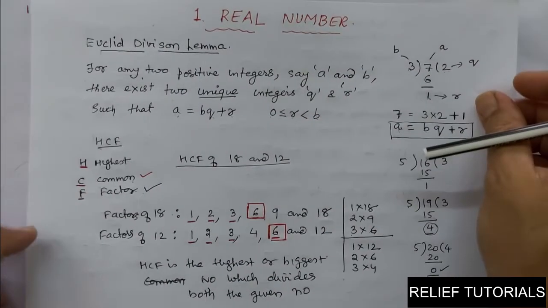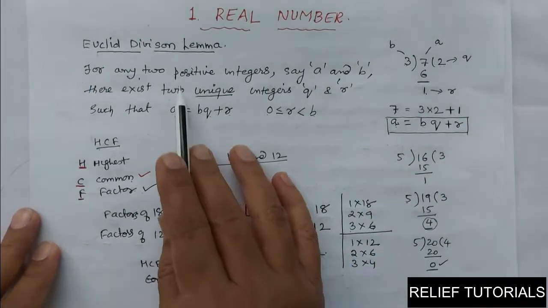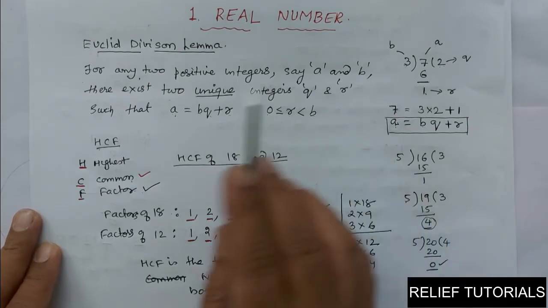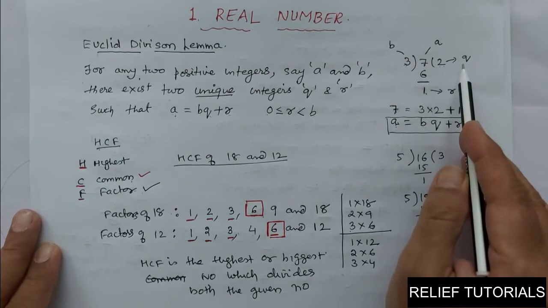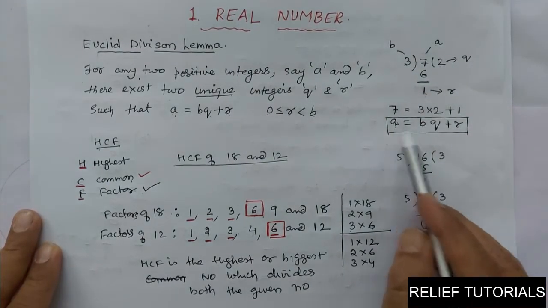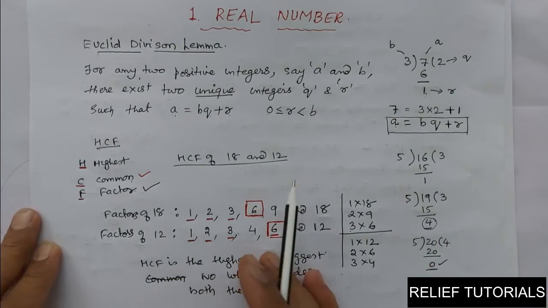In the very beginning of the chapter we have learned real numbers. For any two positive integers a and b, that is dividend and divisor, there exists a unique quotient and remainder such that a is equals to bq plus r. Clear? a is equals to bq plus r.